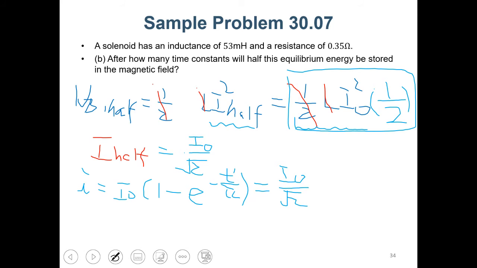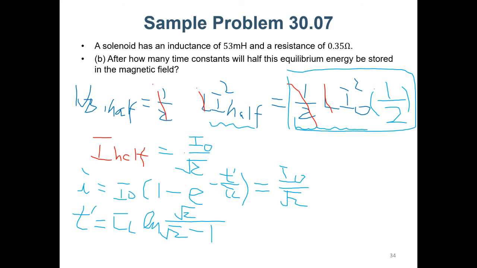And then actually we can solve it out. With some algebraic calculation, we know that t prime should be tau L times ln of square root of 2 over square root of 2 minus 1.